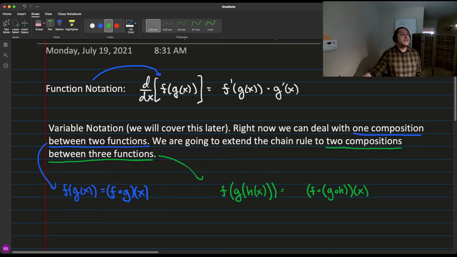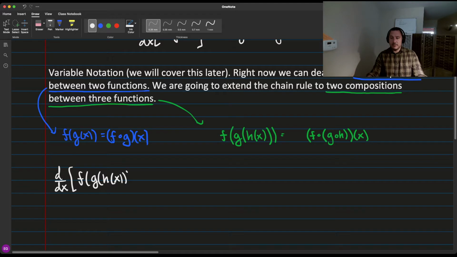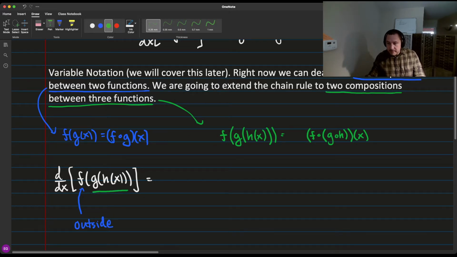Okay, so what if you want to take the derivative of something that has two compositions like that? How do you take the derivative of f of g of h of x? You can actually do this with the chain rule. Our outside function is going to be f, and our inside function is going to be all of that stuff.